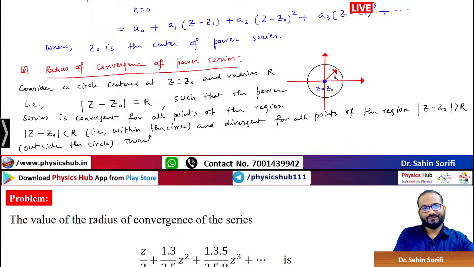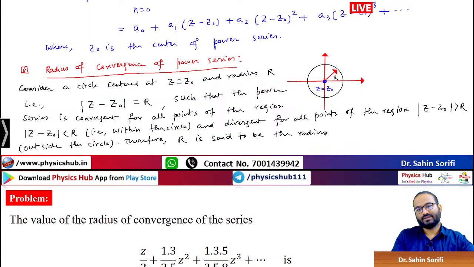Then we can say that r is said to be the radius of convergence of the power series.